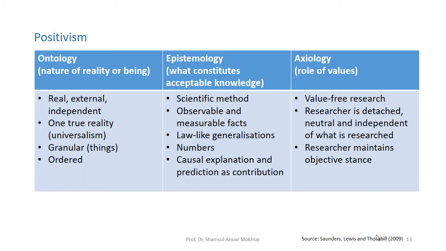Another one is that it is one true reality, universalism. Universalism means that, like I said just now about gravity, if you go into the context of planet Earth, it is the same everywhere. There is only one true reality about gravity.